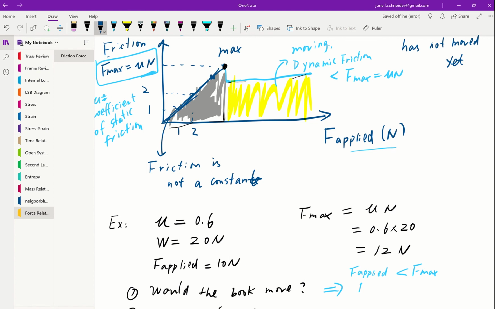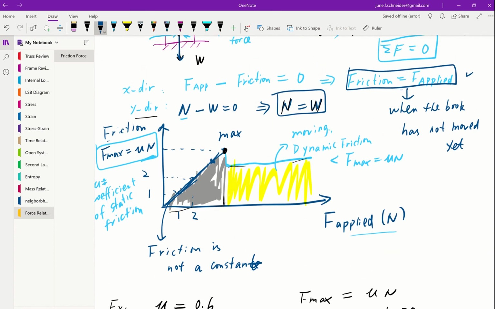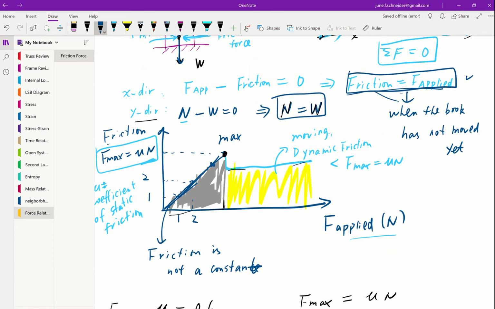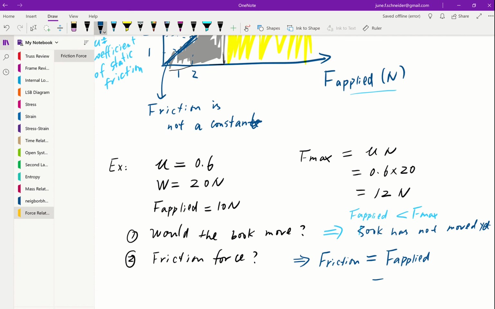At 10 Newton, it's still less than 12, so the book has not moved yet. If it has not moved yet, what's going to be the friction? When it's static, we know the friction is going to take the same value as applied force, so the true friction at the time is going to be equal to applied force, and applied force at the time is 10. So from there you figure out friction is 10 Newton.